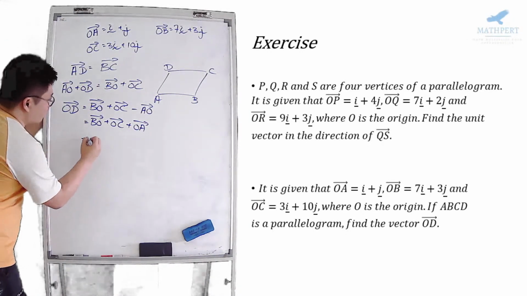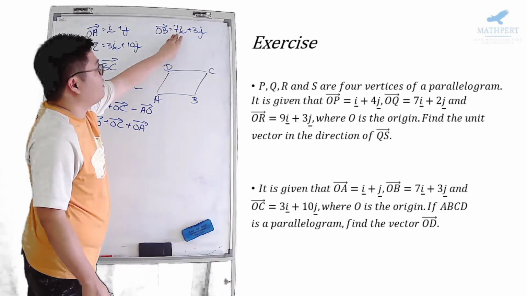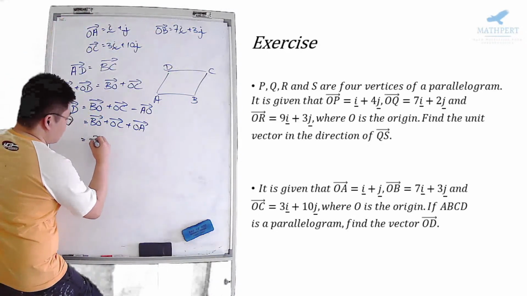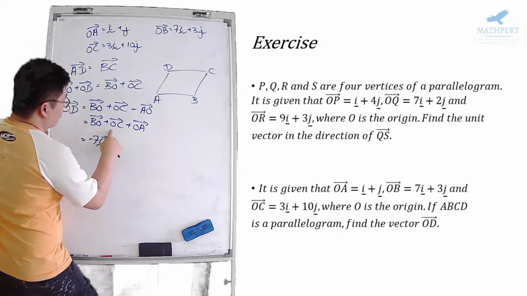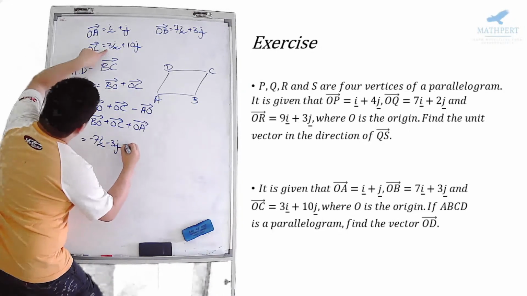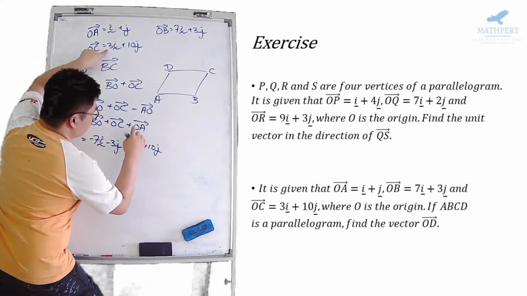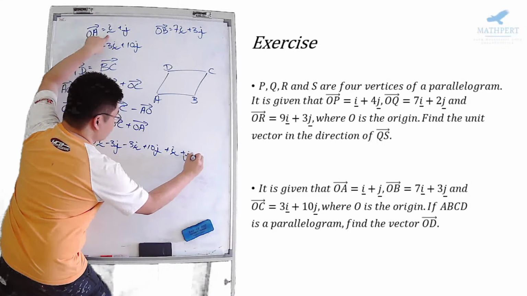So BO is this one, the whole thing becomes negative: negative 7i minus 3j. OC is this one, plus 3i plus 10j. OA is this one, plus i plus j.